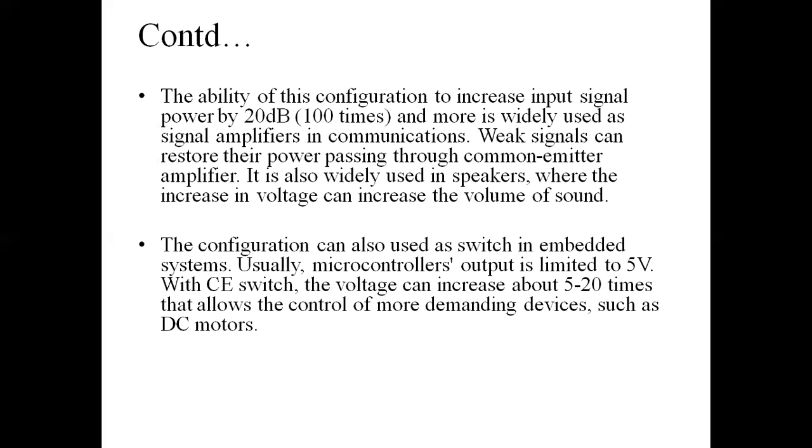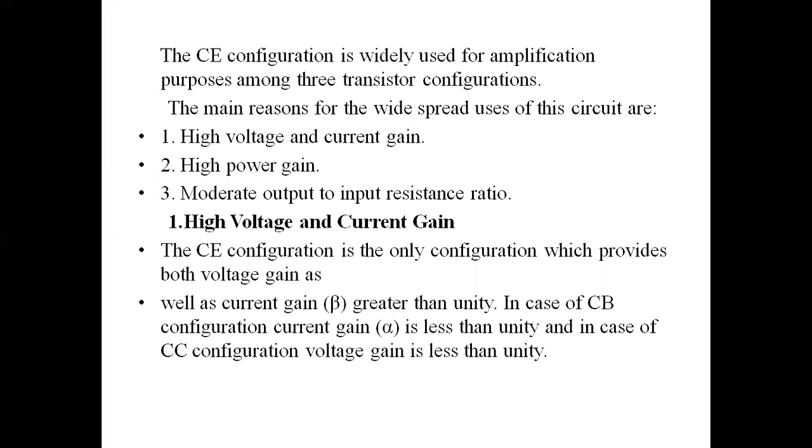The configuration can also be used as a switch in embedded systems, usually microcontrollers whose output is limited to 5 volts. With a common emitter switch, the voltage can increase about 5 to 20 times, which allows the control of more demanding devices, such as DC motors.